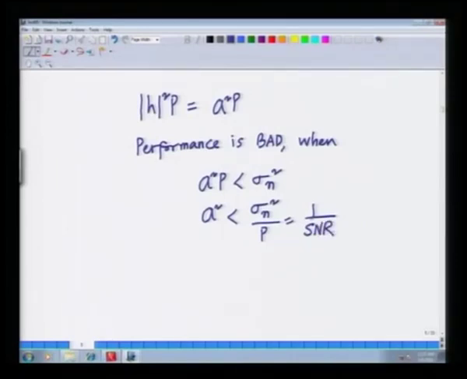A squared is less than 1 over SNR means that A is less than 1 over square root of SNR.